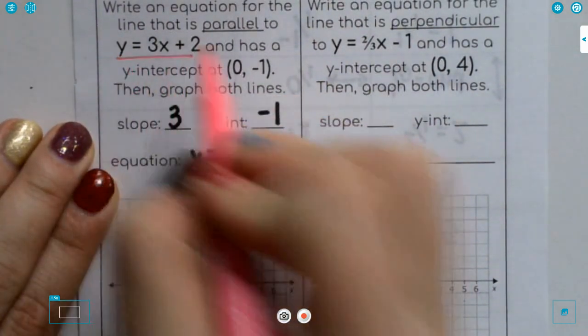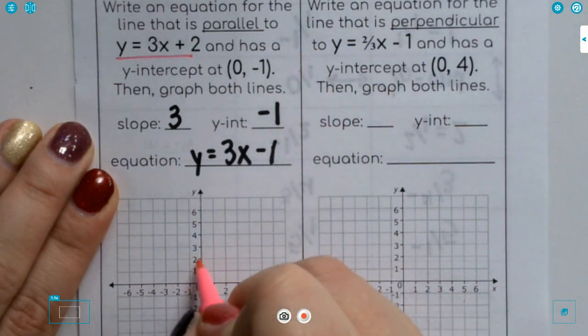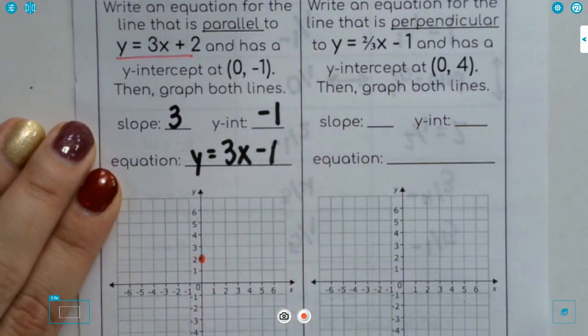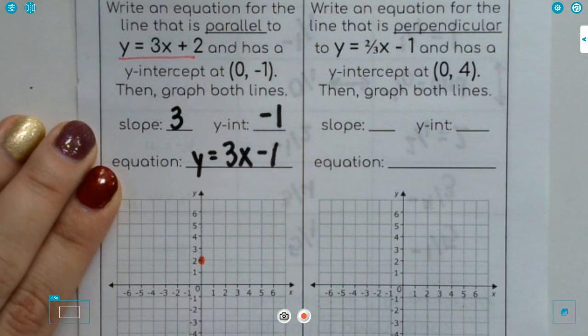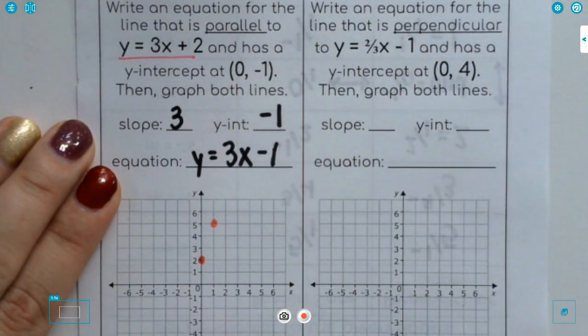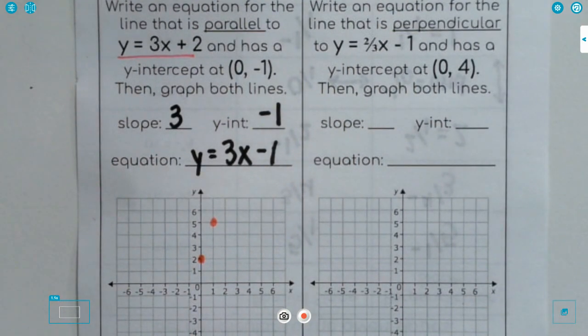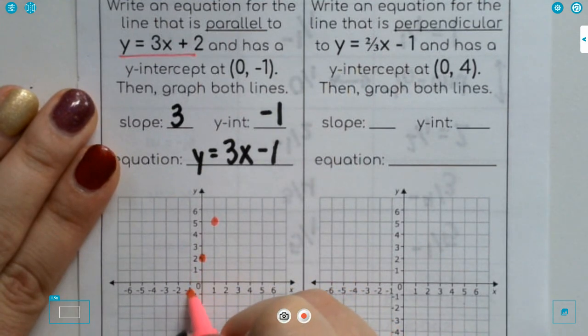So I'm going to graph that in pink. We're going to start at 2. That's my y-intercept, and then my slope is 3. So I go up 3, right 1. Anytime a slope's not a fraction, I can make it a fraction by putting it over 1. In addition to going up 3, right 1, I can also go down 3, left 1 a couple times.